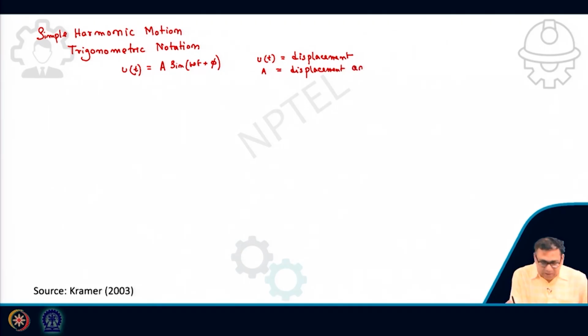So, this is your amplitude, and omega is the circular frequency or angular speed.